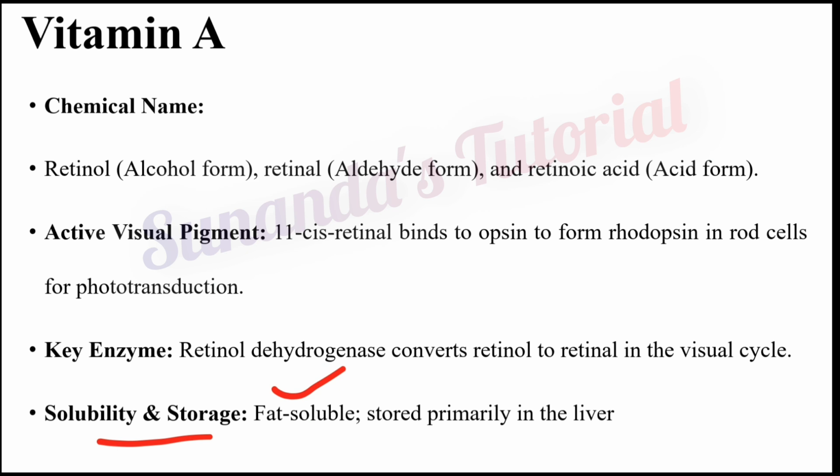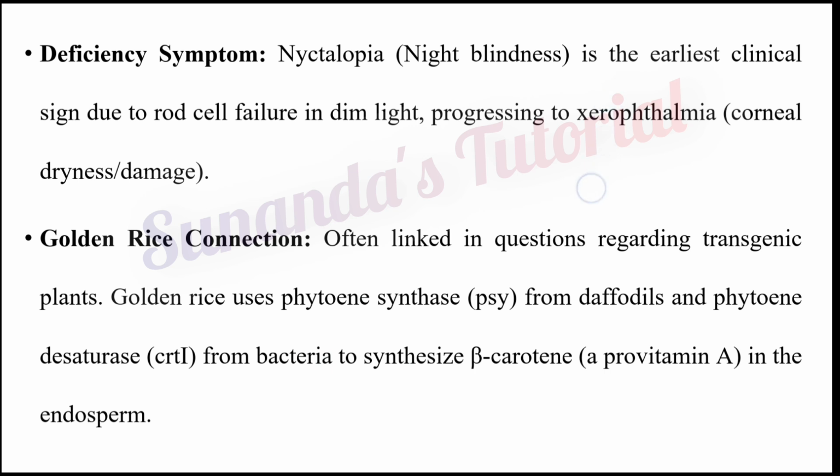Vitamin A is fat soluble and stored primarily in the liver. Its deficiency causes nyctalopia or night blindness. It is the earliest clinical sign due to rod cell failure in dim light, progressing to xerophthalmia or corneal dryness or damage.